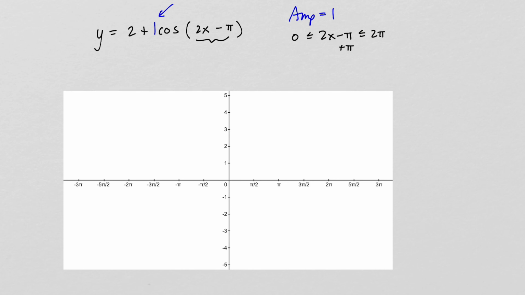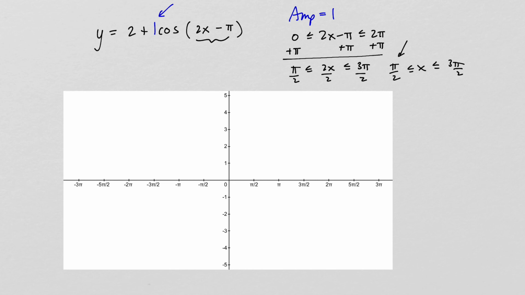And I need to solve for x here, which I'm going to do now. And when you solve this for x, you end up getting x is between pi over 2 and 3 pi over 2. So that's going to be your start and end point, right?